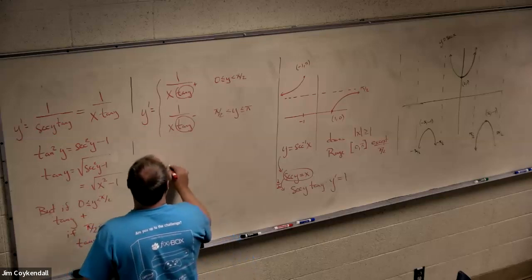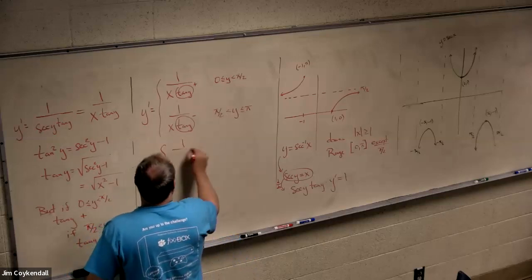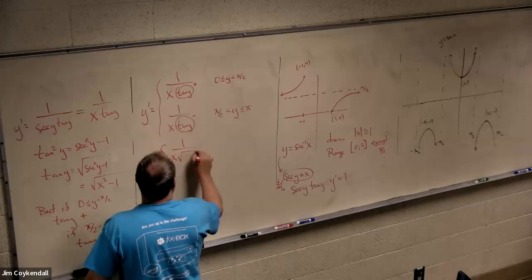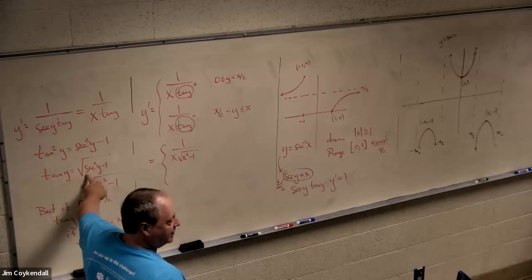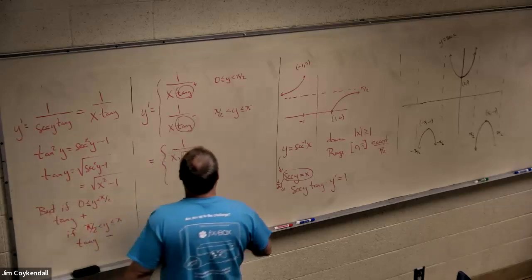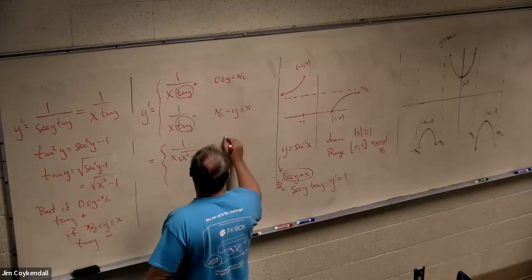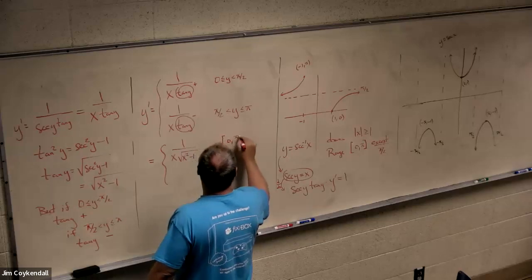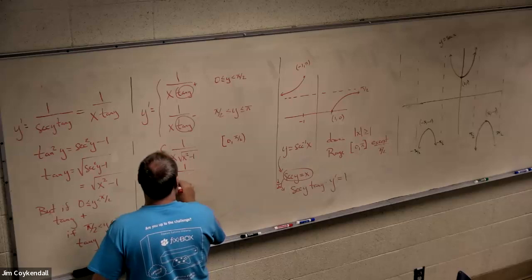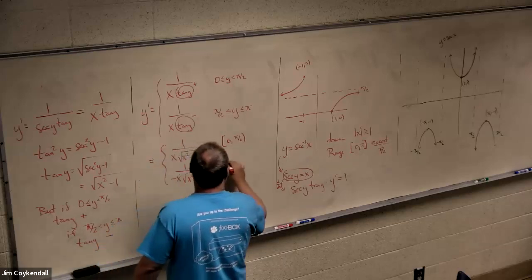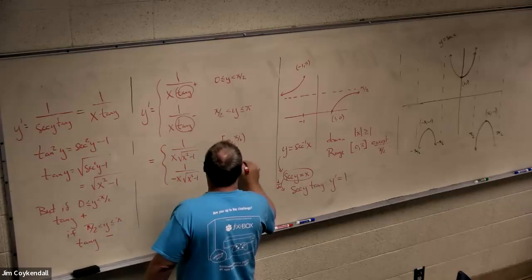So this is equal to 1 over x times the square root of x squared minus 1, because that's what tangent is, for y between 0 and pi over 2. And it's 1 over negative x square root of x squared minus 1 for y between pi over 2 and pi.